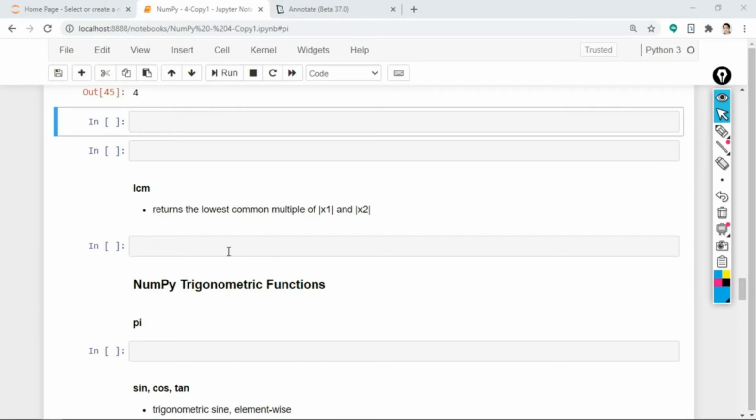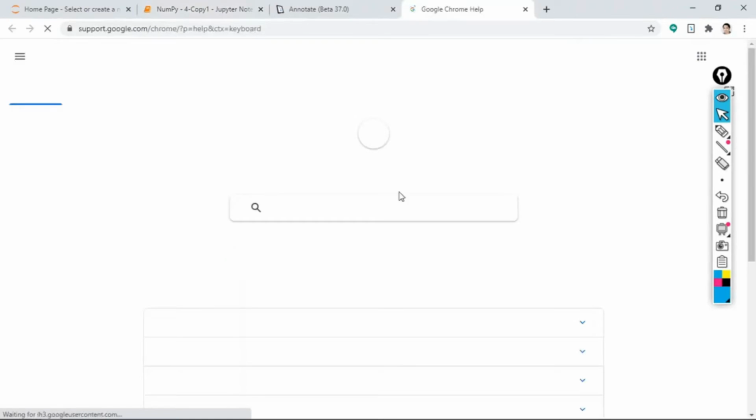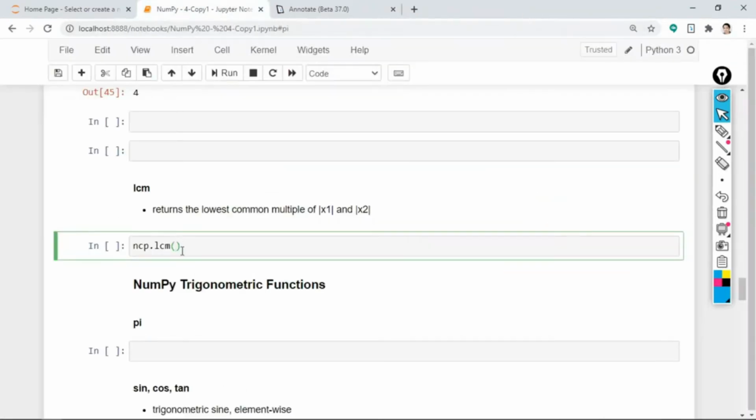Okay, so same thing with the GCD. Again, np.lcm. Let's use the same example: 12 and 20.